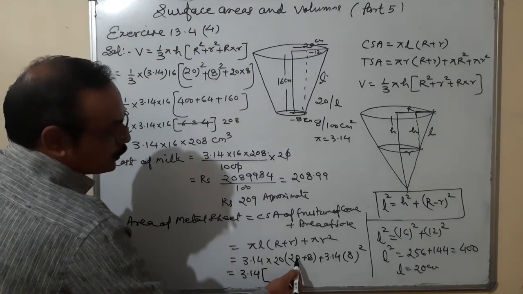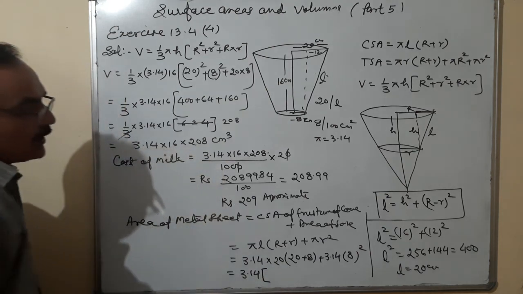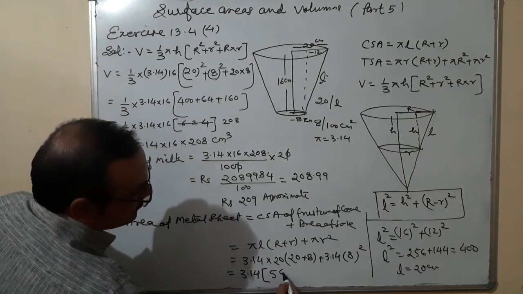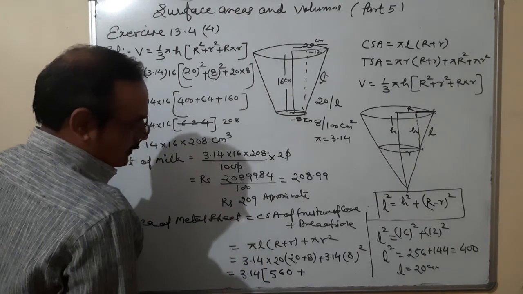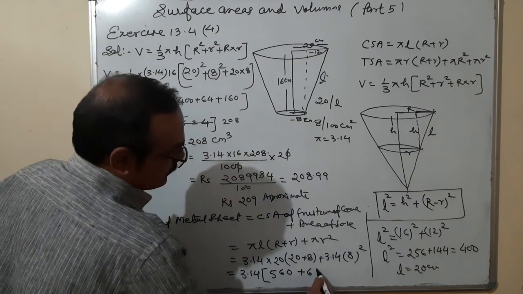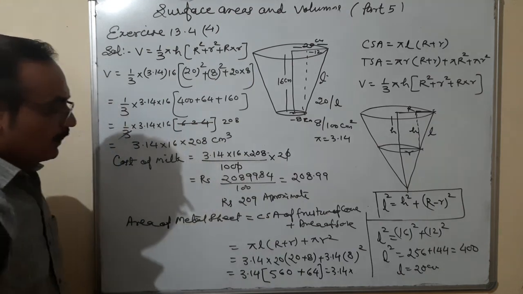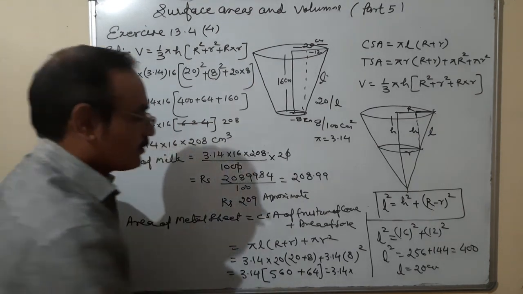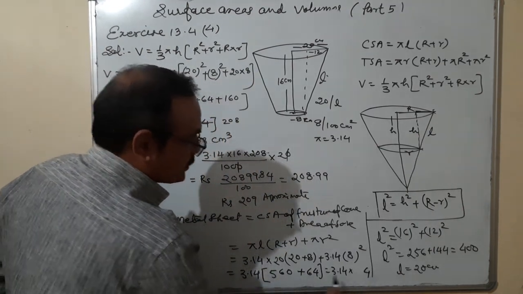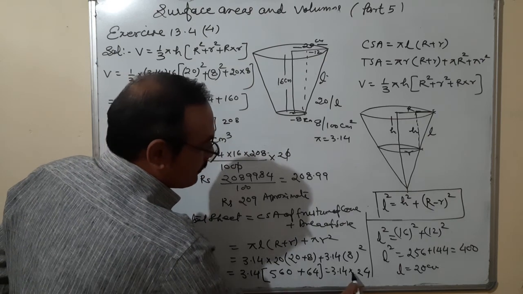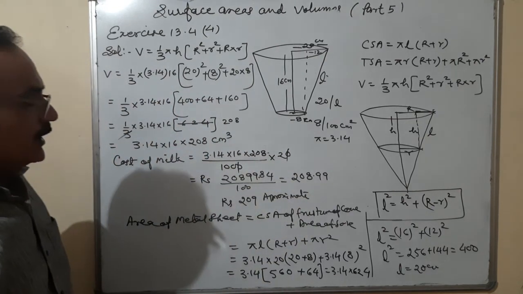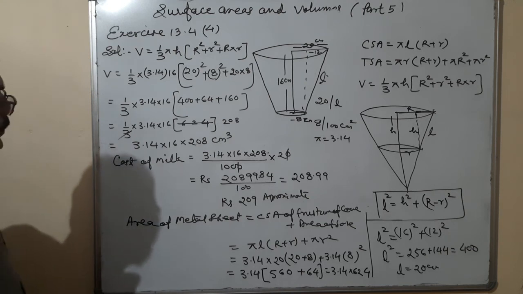It is left 28 multiplied by 20, 560 plus 3.14, 8 8 is 64. So 3.14 multiplied by 560 plus 64, that is 624.